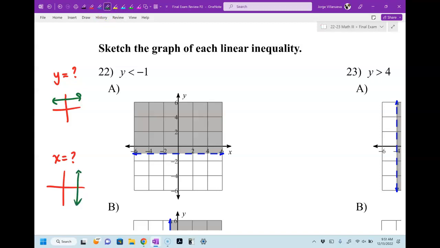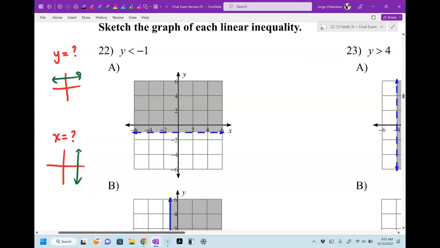We did this a long time ago, but maybe you forgot. X's and Y's, they're either horizontal or vertical. The Y's are side to side. The X's are up and down. So for number 22, they say y is less than -1. Okay, so that means the line has to be side to side.